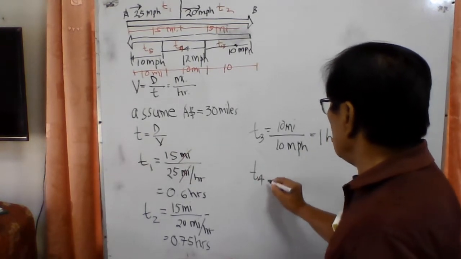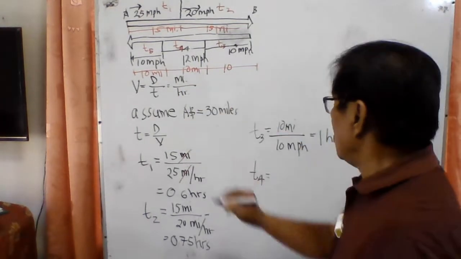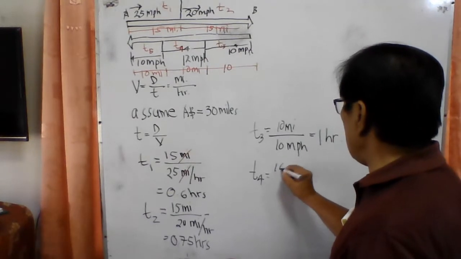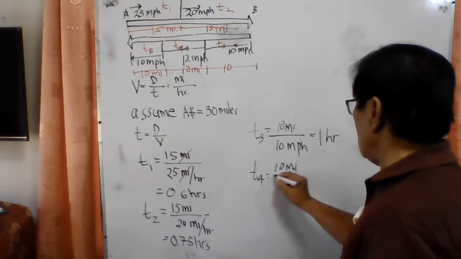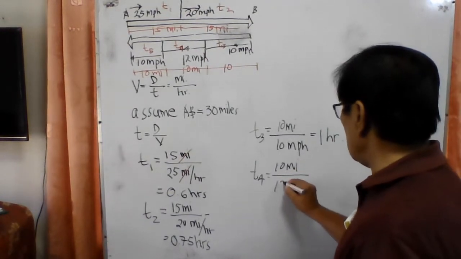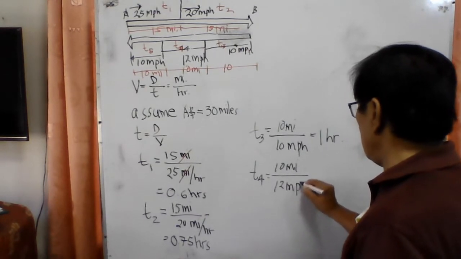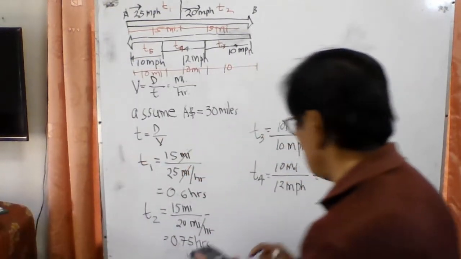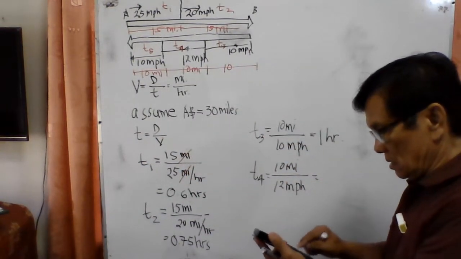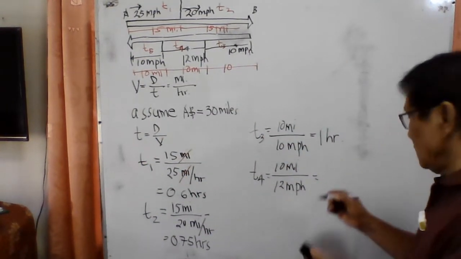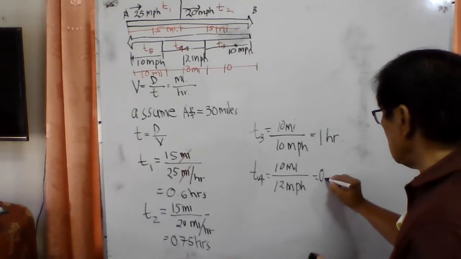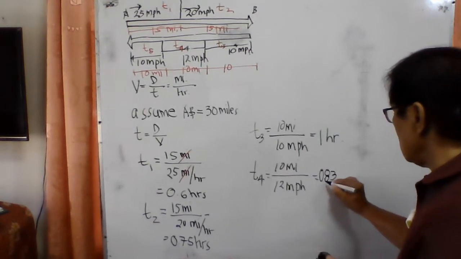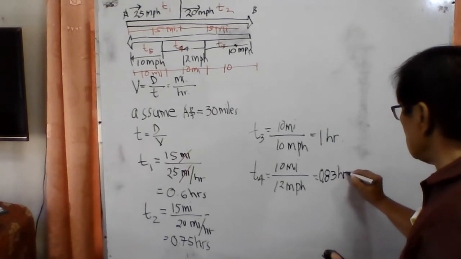T4 would be this 10 miles over 12 miles per hour. You have 0.83 hours.